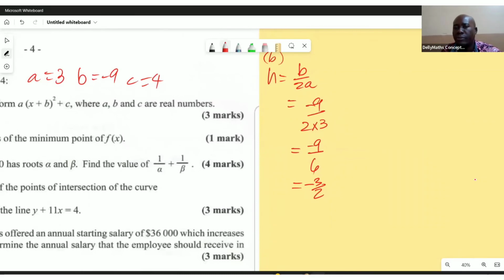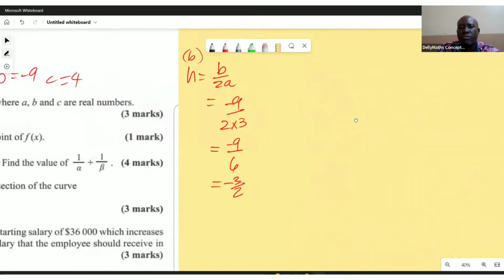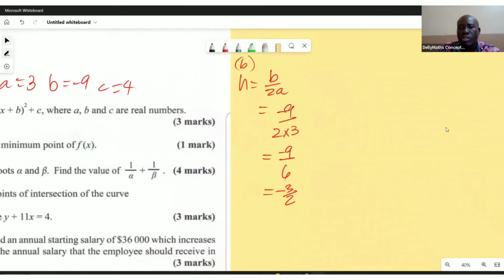Now, I could find my k value, which is my c right now. So my k value is equal to 4ac minus b squared all over 4a. So this is 4 times a, and a is 3.